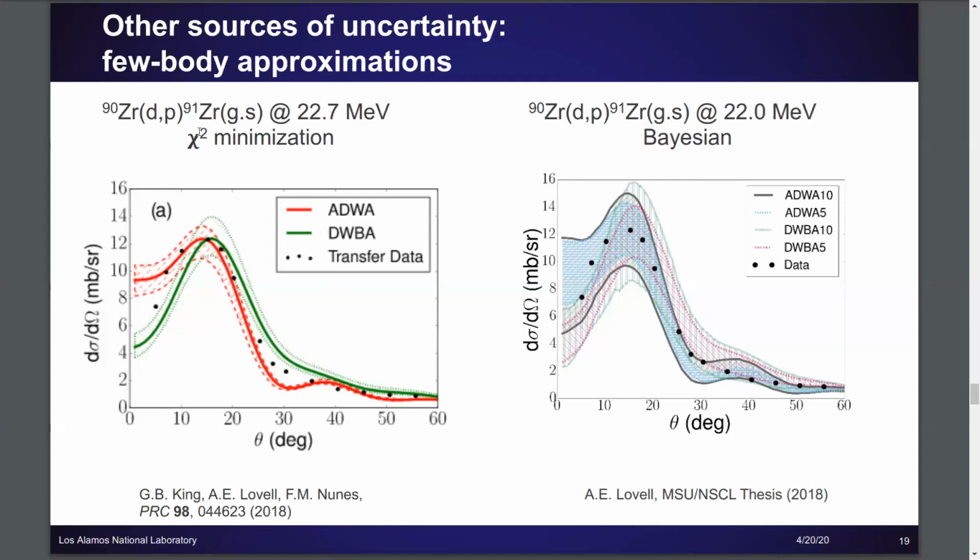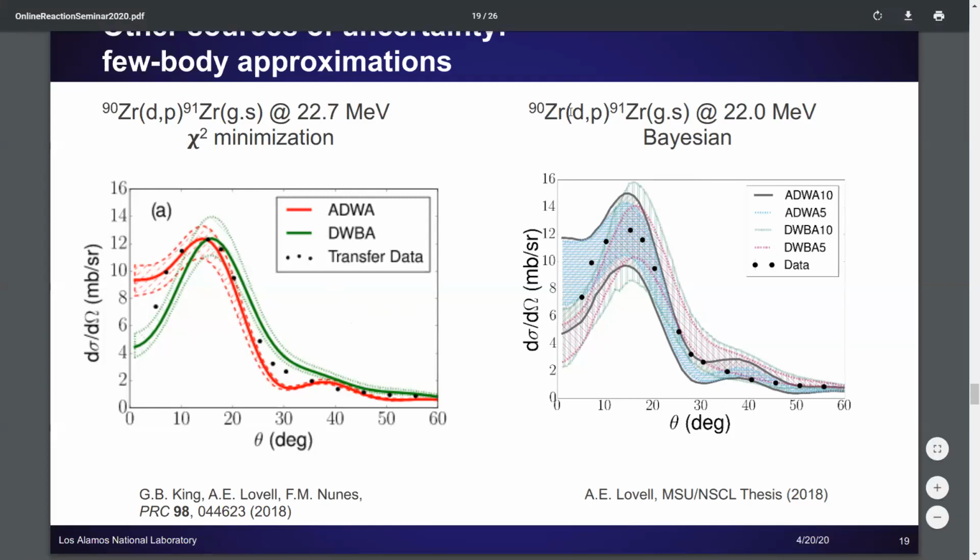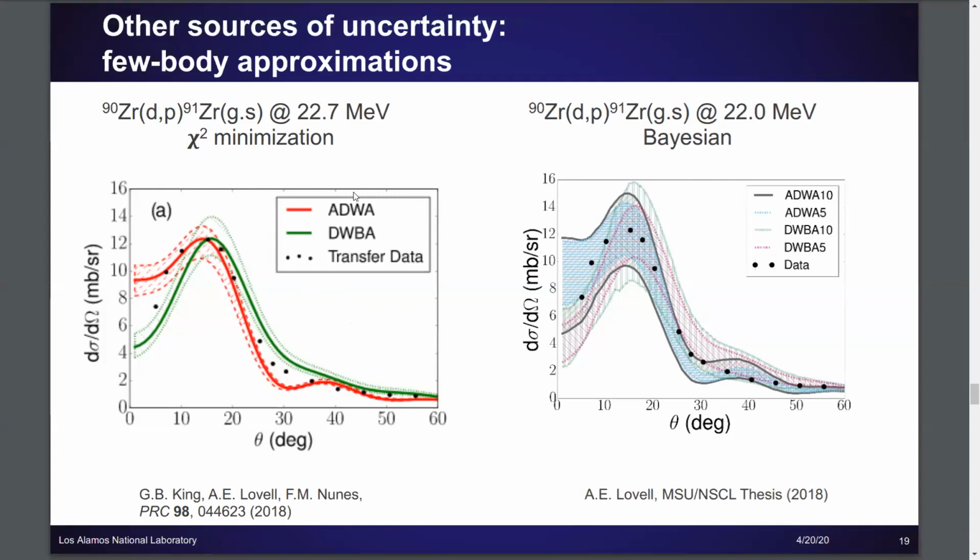So now we have both an example of zirconium 90 dp for the chi-square minimization, and then zirconium 90 dp, so the same reaction using the Bayesian optimization. And you can see that now we've computed the parametric uncertainties for each of the optical potentials, the scattering potentials that go into these calculations, and then propagated all the way through to the transfer cross-section for both cases.